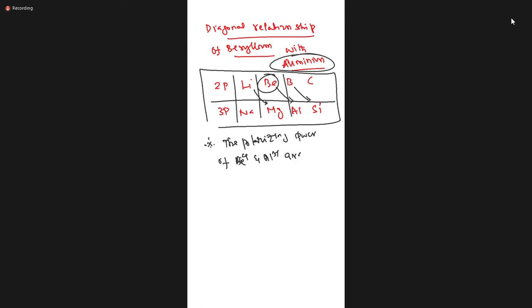The polarizing power of beryllium 2 plus and aluminium 3 plus are the same.